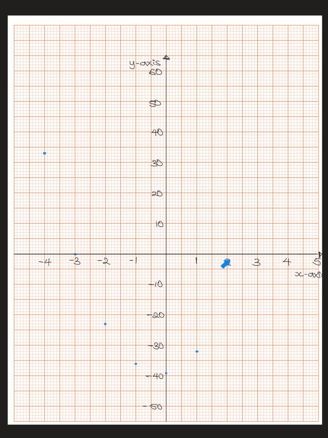When x is equal to 2, y is equal to minus 15. That is at this point here. When x is equal to 3, y is plus 12. So plus 12 is 2 small boxes above 10. So the exact point is here.